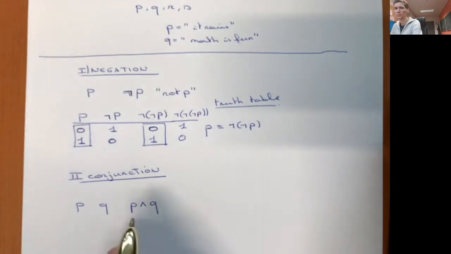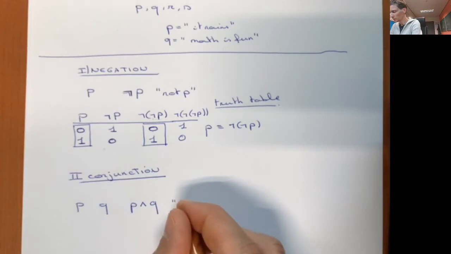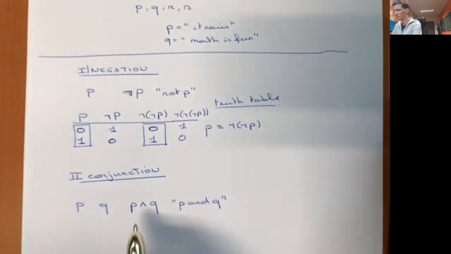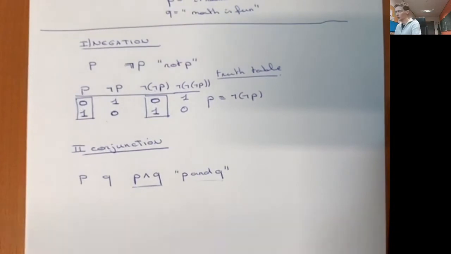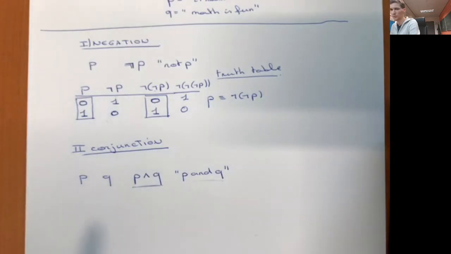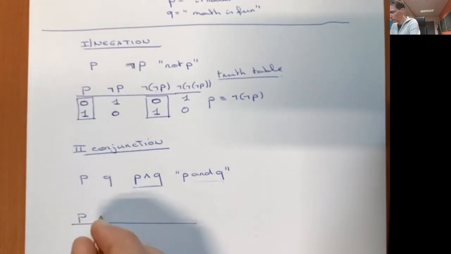We write this upside down V, and we pronounce this as P and Q. Okay, so you write it like this, but you pronounce it as P and Q. So what's the idea about conjunction? The idea is that this formula P and Q is true only if both P is true and Q is true, right?